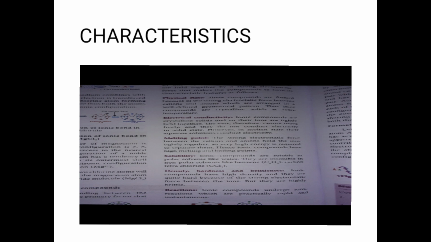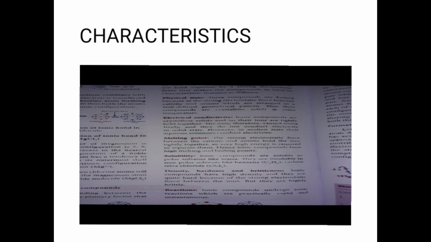Notice all this is because of the strong electrostatic force. Solubility. Ionic compounds are soluble in water. Water is called a polar solvent, and they are insoluble in non-polar solvents like benzene and carbon tetrachloride.